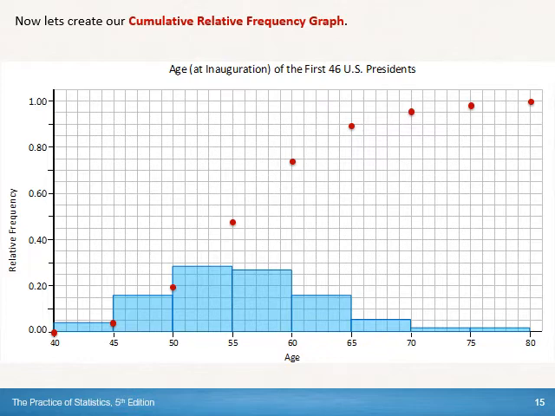Now, the last thing we want to do is simply connect each of those dots with a straight line. All right. And depending on how accurate your lines are and where your points are, this will be a little bit easier to use.